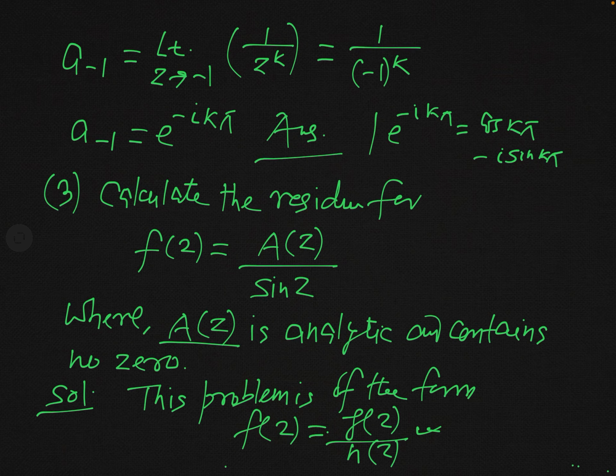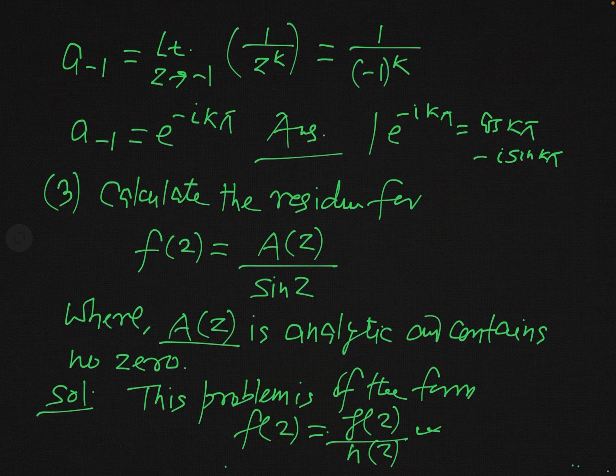Now we will take another important example for finding the residue of a function f of z equal to a of z over sine of z, where a of z is an analytic function and contains no zero. It means a of z is never 0 for any value of z.